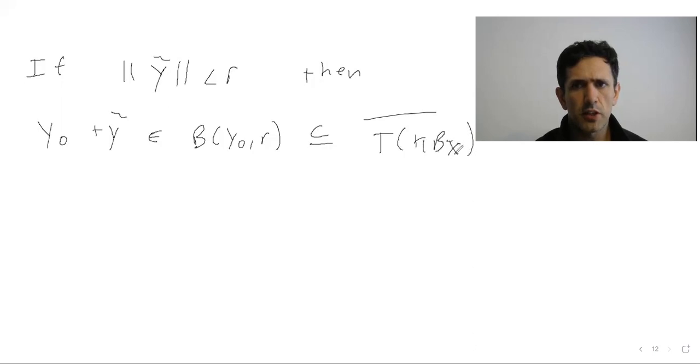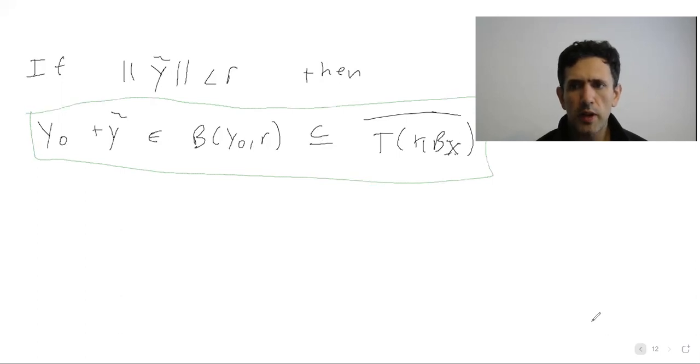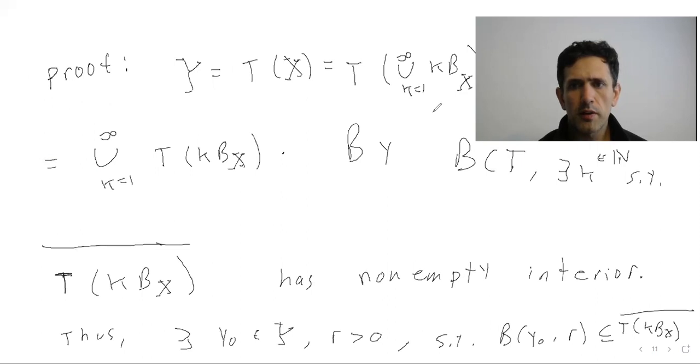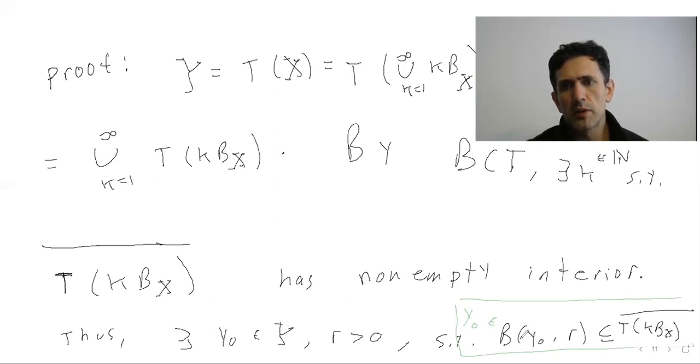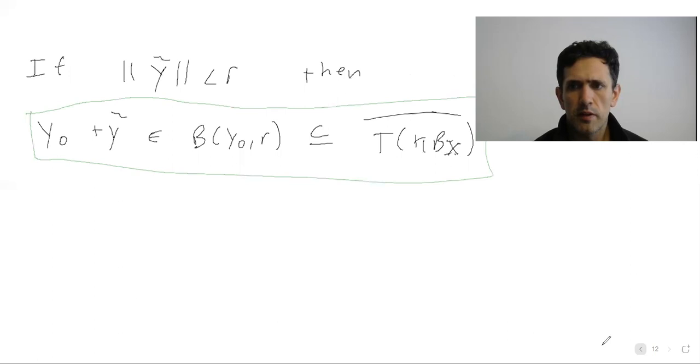Now let's just use the definition of being in the closure. We'll emphasize something here. Certainly y0, the center of your ball, is in the ball. So we have y0 is in this closure. We have y0 plus y tilde is in this closure.